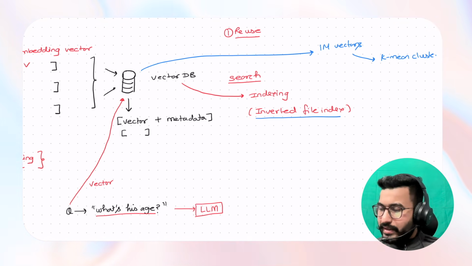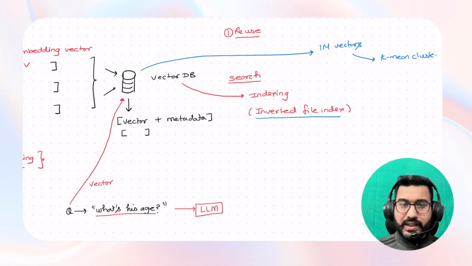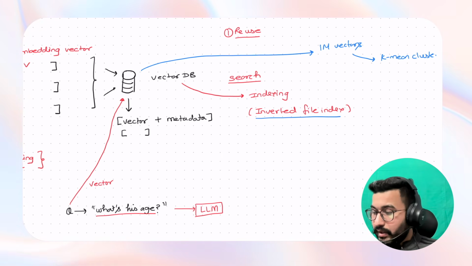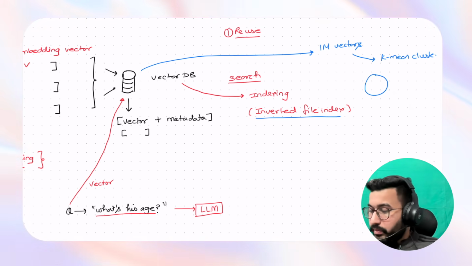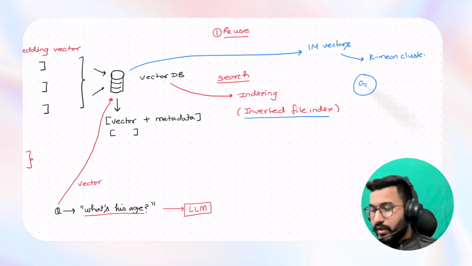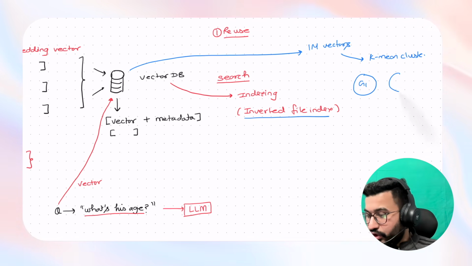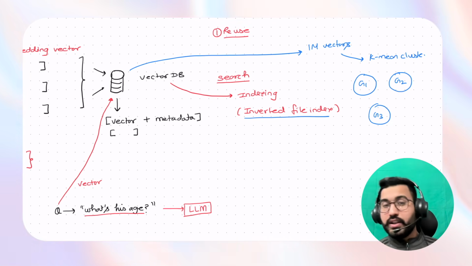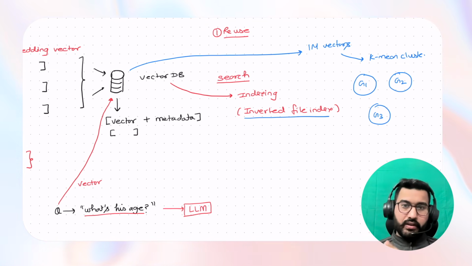So what we are essentially going to do using k-means clustering on top of these 1 million vectors is group those vectors which are similar to each other in one group. So let's say this is G1. This G1 comes with all those vectors which are similar to each other. Let's say this is G2 and this is G3. So let's say we have created three groups such that each group has some vectors in it.